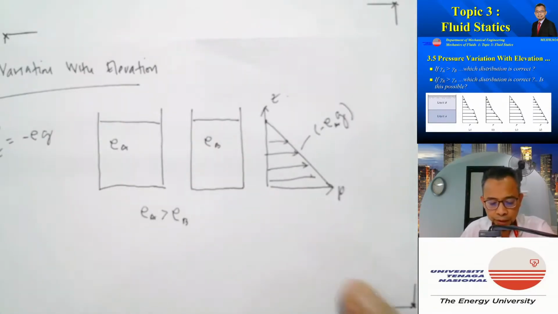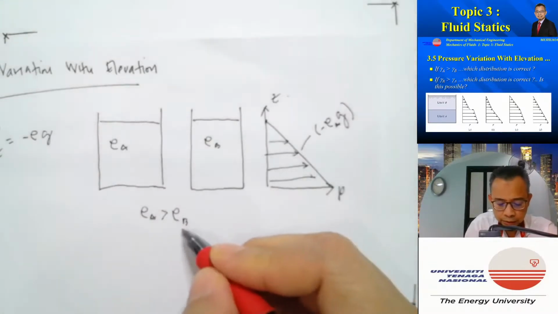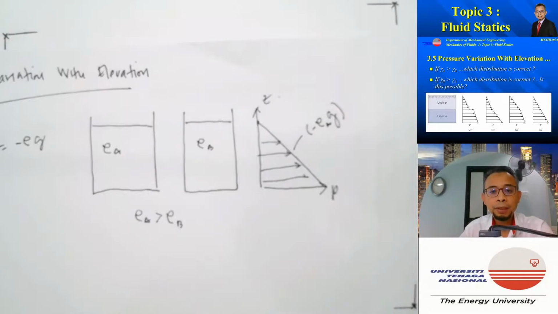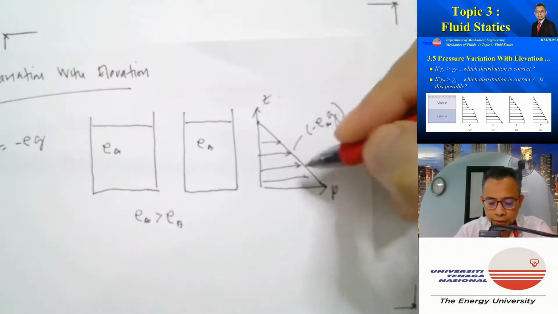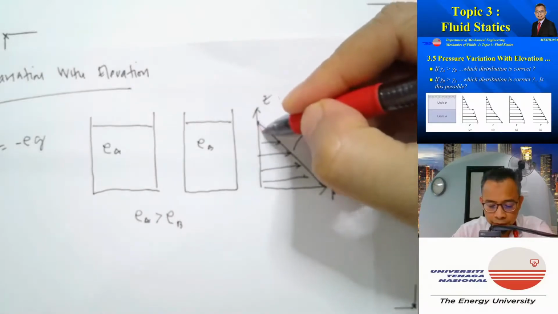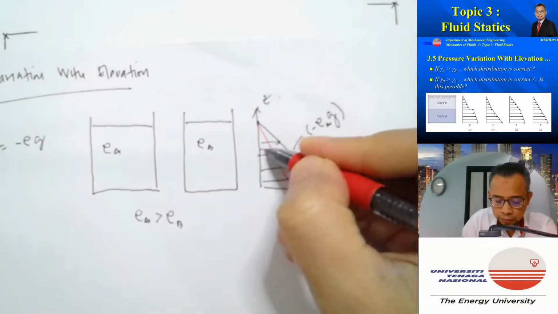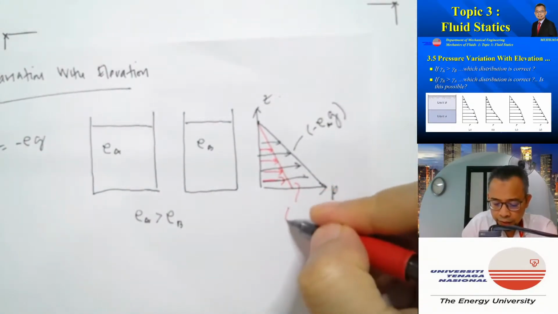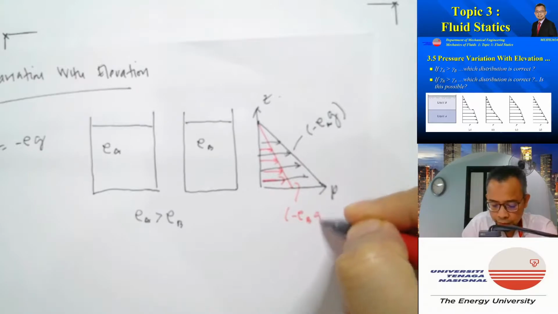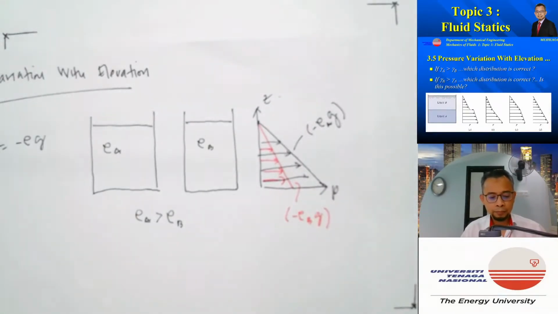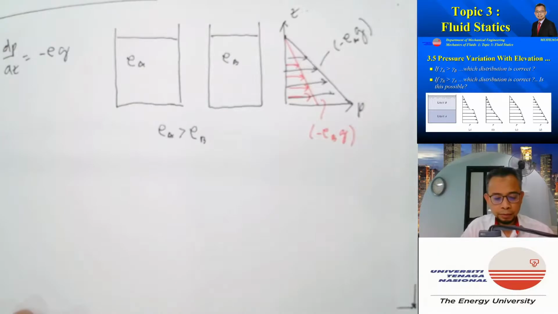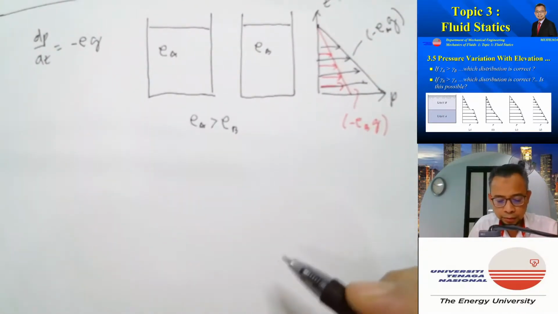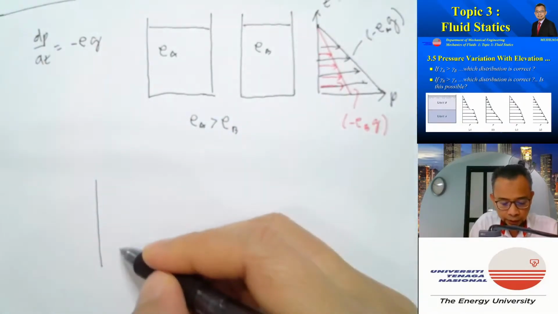So what about fluid B? For fluid B, the density is lesser than fluid A, so the gradient will be lesser. If we draw the pressure variation with Z, it will be like that, whereby this gradient is minus rho B g. If we put these two fluids in one container, this is what we will get.